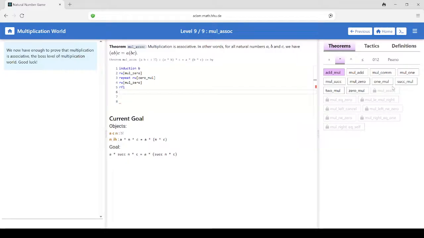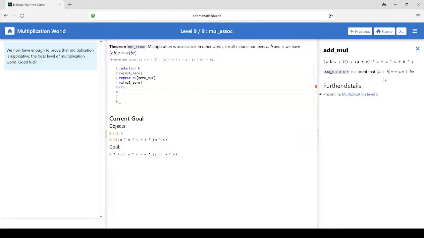We can add multiply. That proves that this is the distributive function, the proof of the distributive function. Which I don't think is what we need.